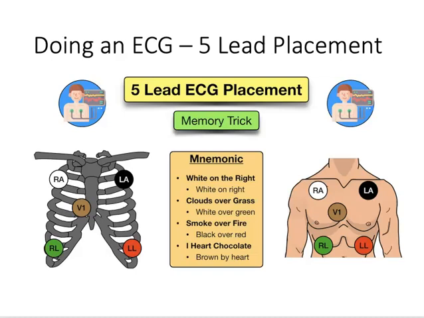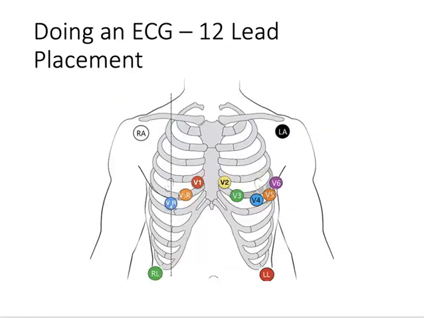They're just here for your information as you go into nursing or a healthcare field. They'll have you learn exactly where all of these go and where you would put them. The more leads you have, the more accurate the reading is going to be.